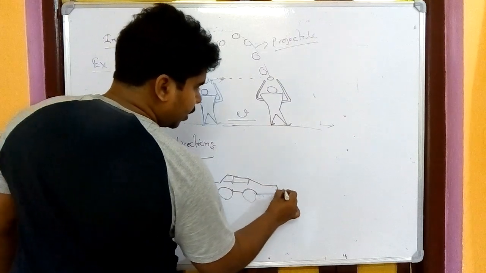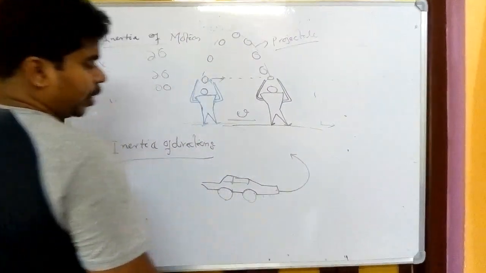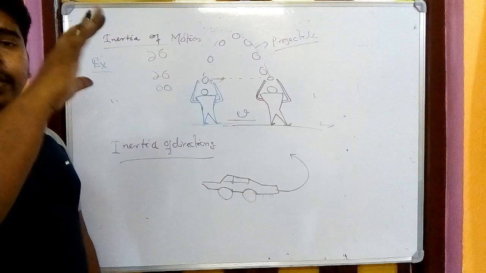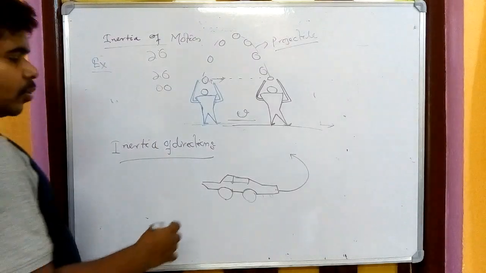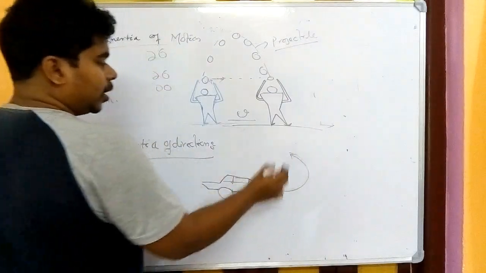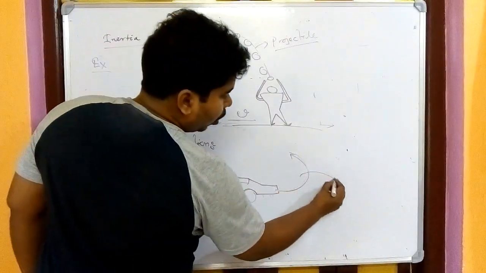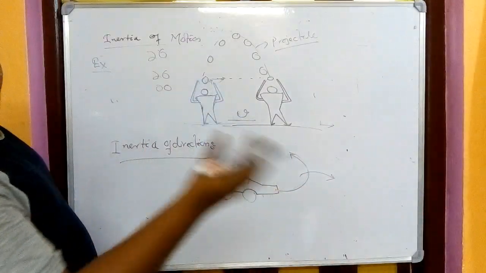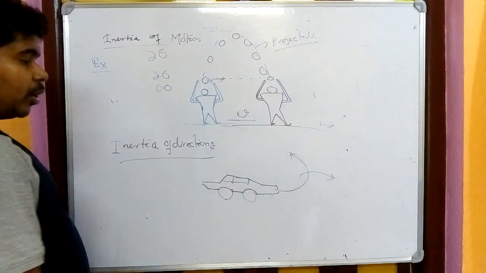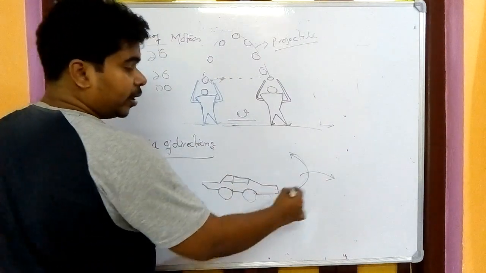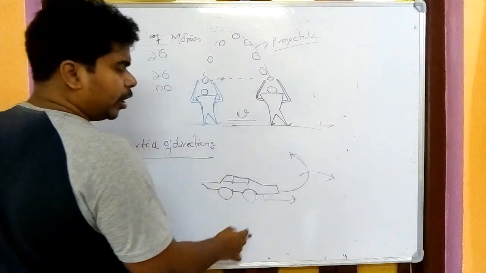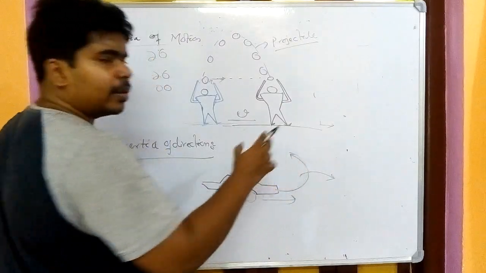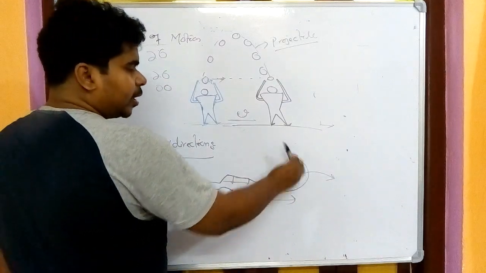and suddenly it takes a turn. Mainly it happens in hilly areas when cars or buses are going. So when it suddenly takes a turn, we all know that we bend in this direction, because as the car was moving in this direction, our body also tries to stay in this direction when it takes a turn.